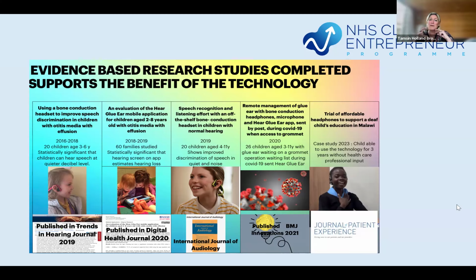I've realized that the problem is much bigger, because of all the children that can't hear, 80% of them aren't wearing any hearing aids because they can't afford them. And we need to make really affordable hearing aids. That's now become a much bigger vision for me, something I'm so passionate about that I can't stop trying to solve that problem.